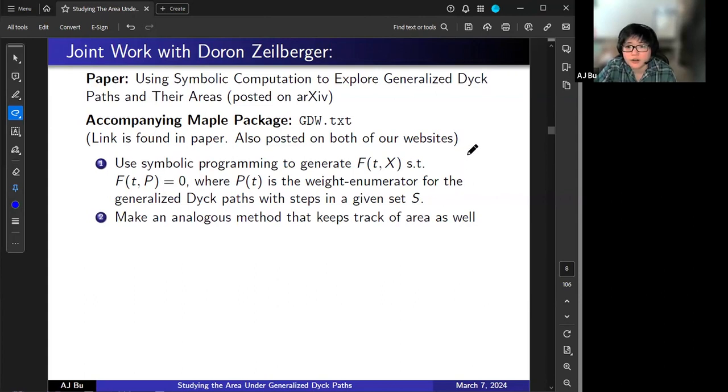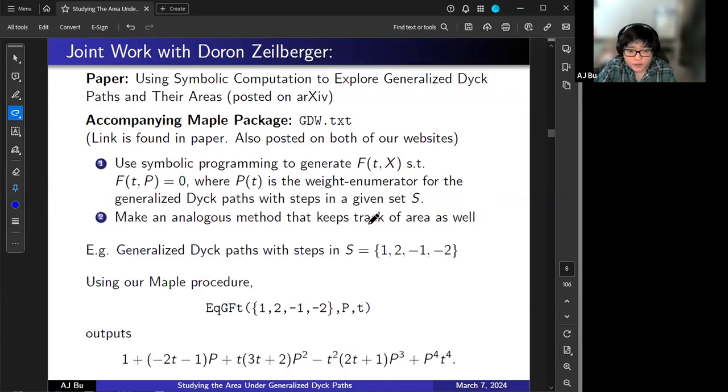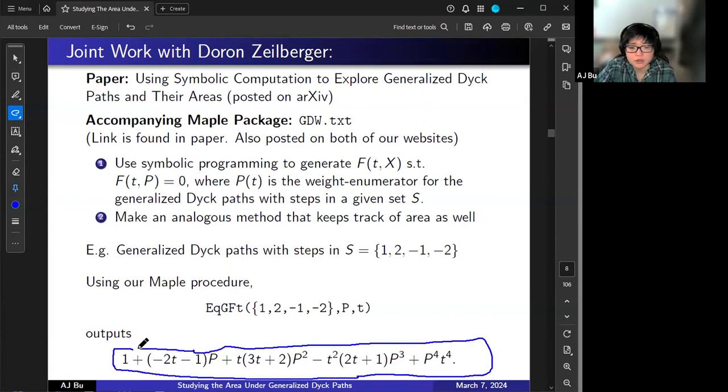So first I'm going to go over how to do this first one, so that we have a general idea, and then talk about how to adjust it. An example of an output would be, if we're looking at the generalized Dyck paths with steps given by the set {1, 2, -1, -2}, we can use our Maple procedure EQGFT, and it will give us something that looks like this. So that's what the output looks like.